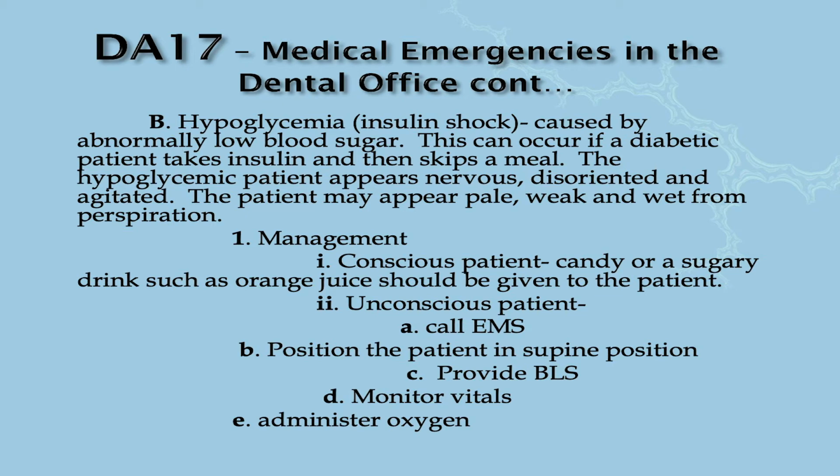The management of this patient, if they're conscious, is giving them something sugary, such as orange juice, which can help the patient feel better almost immediately. If unconscious, call EMS, put the patient in a supine position, and provide basic life support as needed. Monitor their vitals and always administer oxygen.